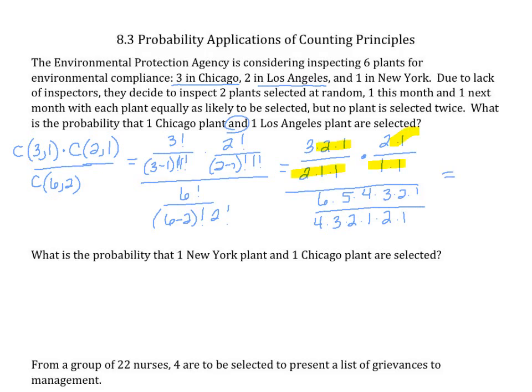The 1's cancel because multiplying and dividing by 1 doesn't change anything. 4 times 3 times 2 times 1. So on the top it looks like we have 6 over 6 times 5 is 30 divided by 2 is 15. And 6 over 15 is 2/5.